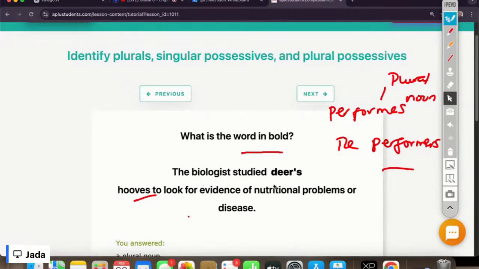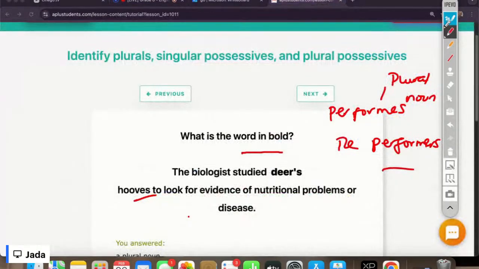So the biologist studied the deer's hooves to look for evidence of nutritional problems or diseases. We have what here?